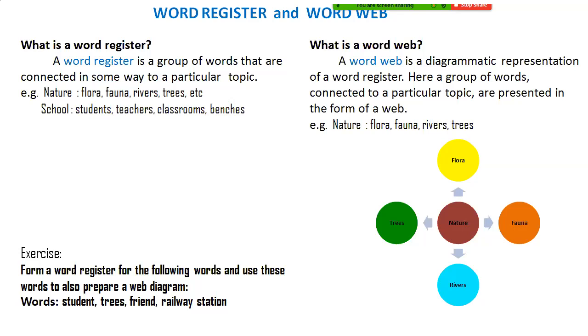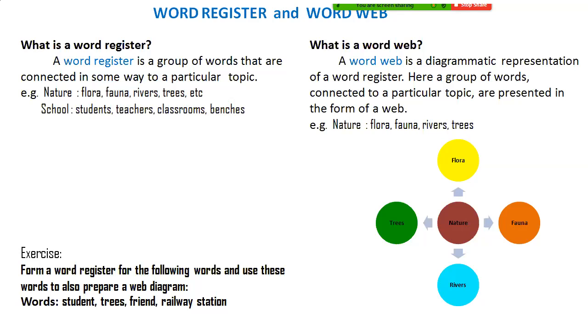For example, if we take the word nature, words that could be connected to nature are flora, fauna, rivers, trees, mountains, birds, human beings, wildlife, environment. There are so many words.